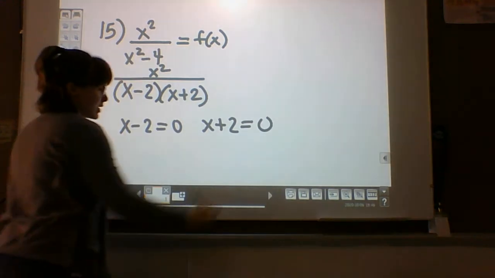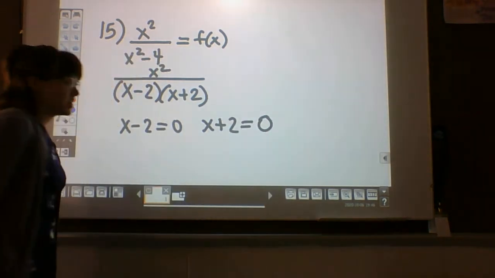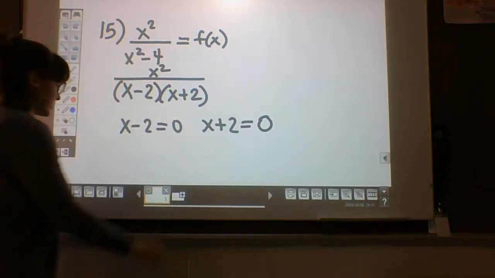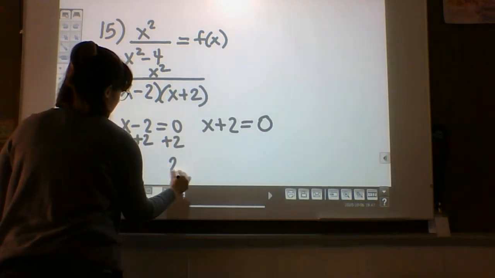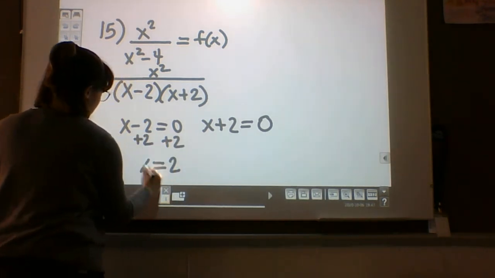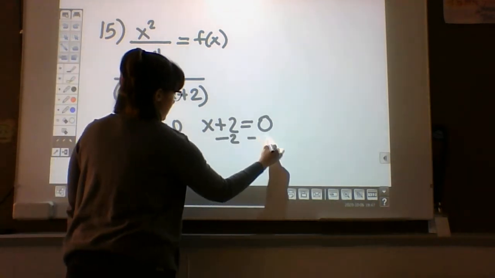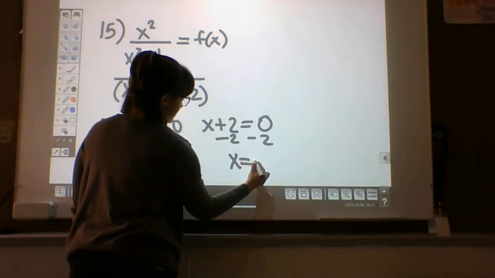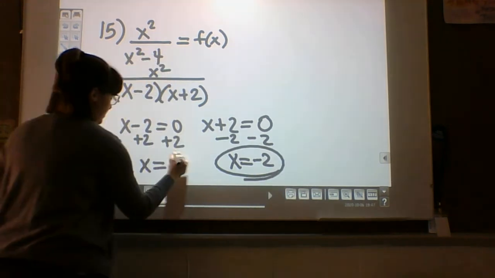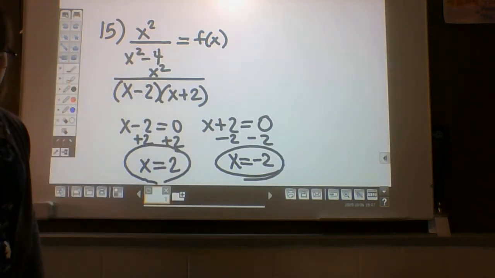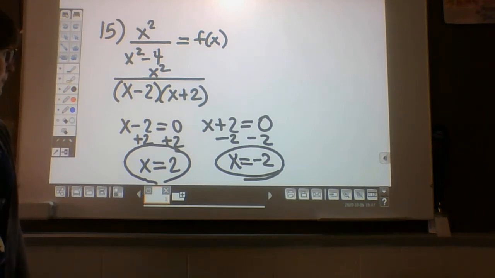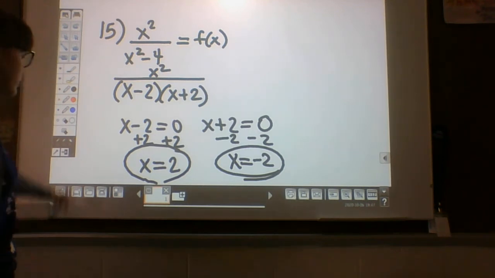So each part of the bottom gets set equal to 0, and we're going to solve for x. Okay, so we would have two vertical asymptotes, one at x equals 2 and one at x equals negative 2. Okay, so that's the first practice problem.